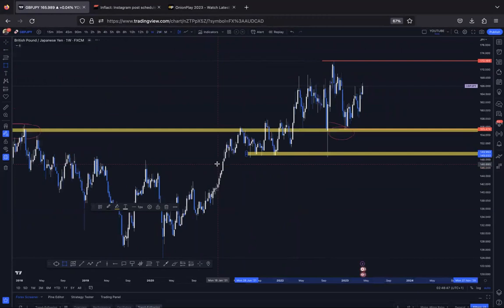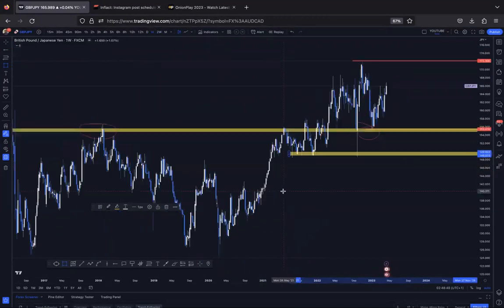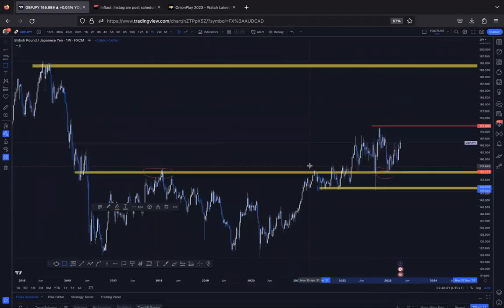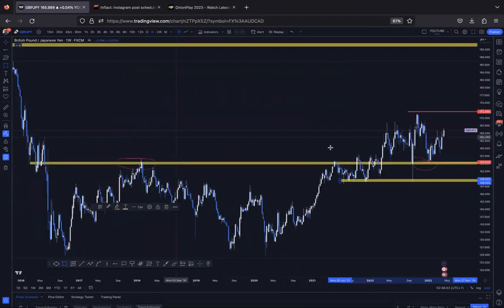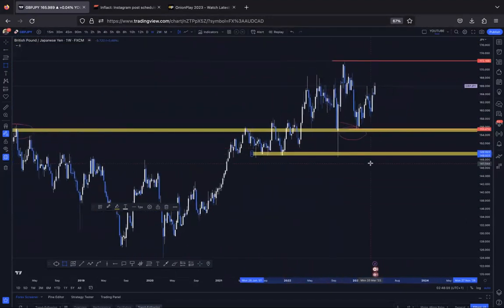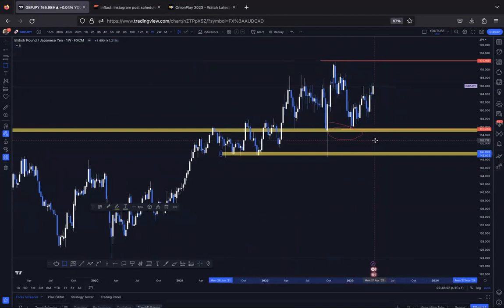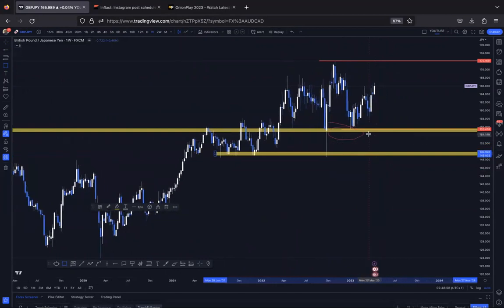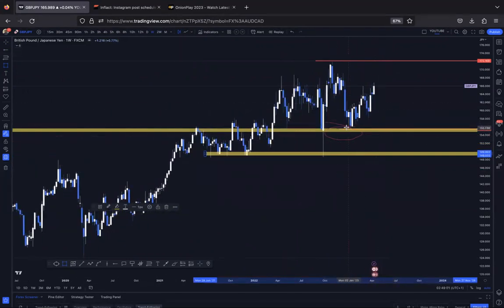Weekly time frame, almost the same thing, right? So we are good. So here what we can do is the weekly low, the low within this zone here, is the same as the monthly low and the bi-weekly low.